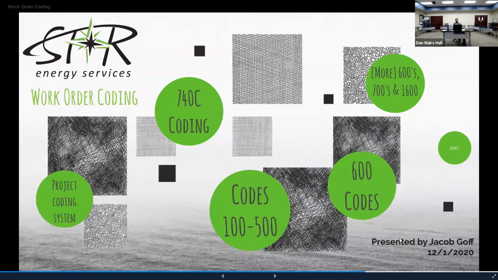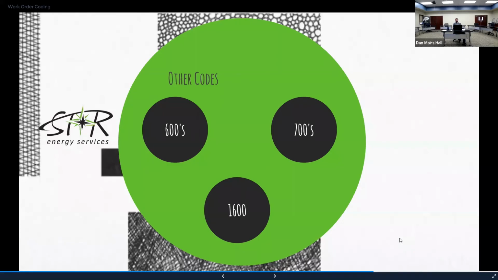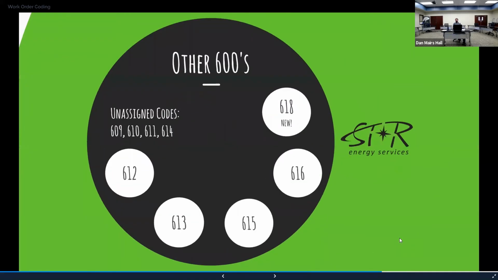So that's the majority of the 600 codes. There are a handful more that are less common but could be useful. So there's unassigned codes. These are useful. You can work with your GFR to set up a code. Say you wanted to specifically and actively spend money on replacing elbow arresters on your system.